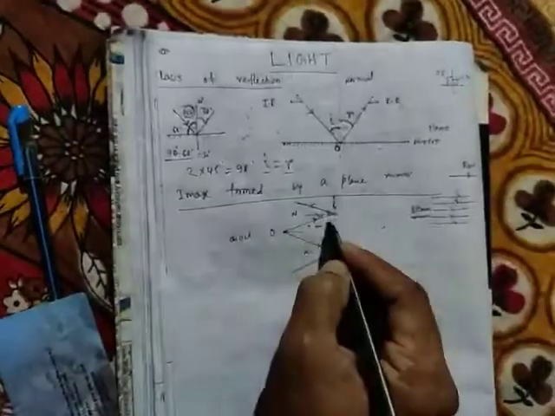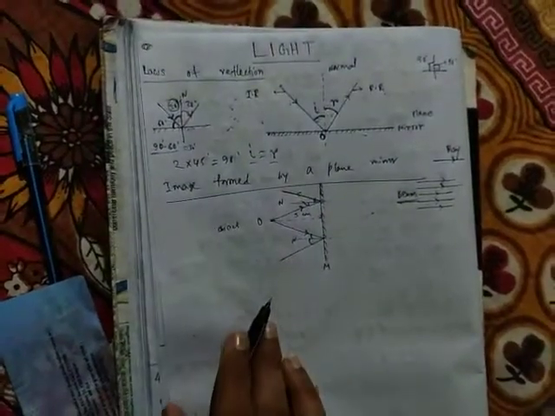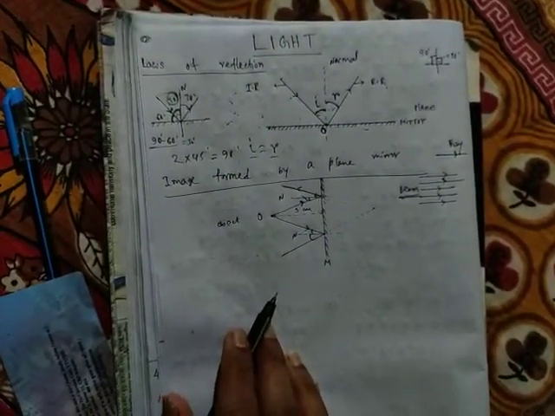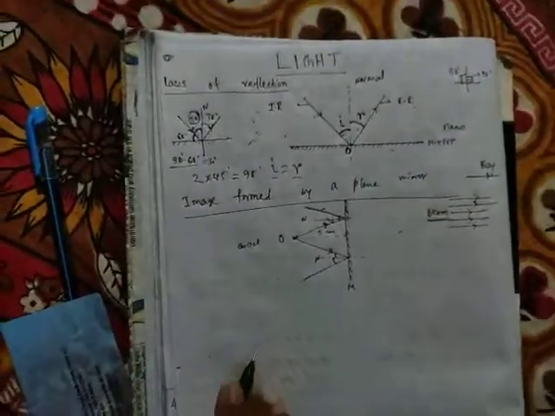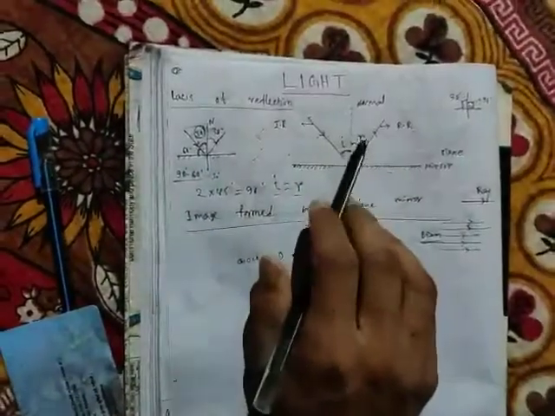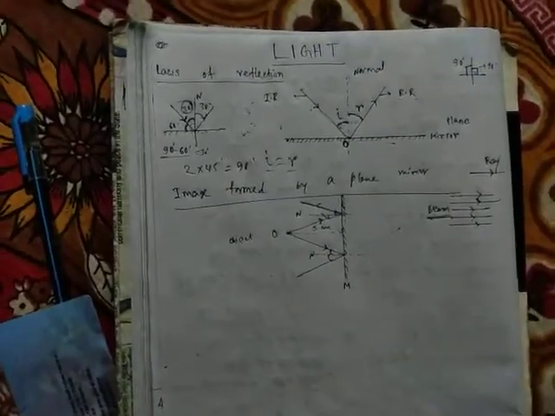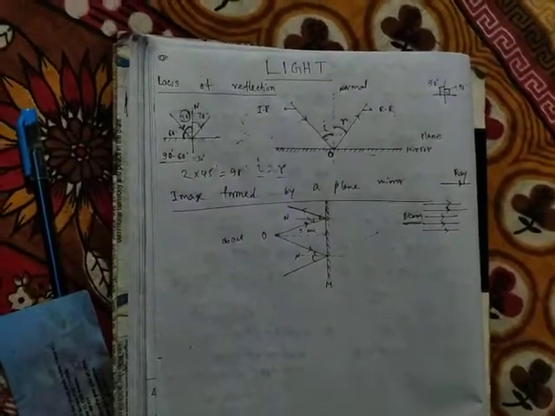So when 2 rays strike the mirror surface, they will reflect back or return back. And these reflections follow the laws of reflection. That means the incident angle must be equal to the reflected angle. Clear?